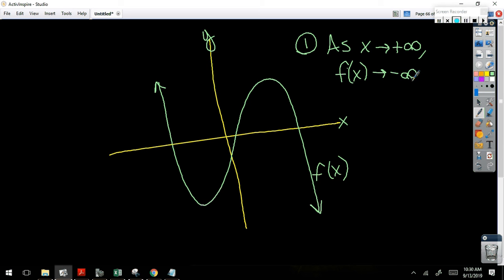Yes. Wait, how do you tell which side? Positive, so when x approaches positive infinity, so this is x, right? So as x gets bigger, so I'm talking about the right side of the graph, it goes down. When it says that, you're not looking at the line, you're just looking at the graph. F of x means y. It's the picture of the graph itself.